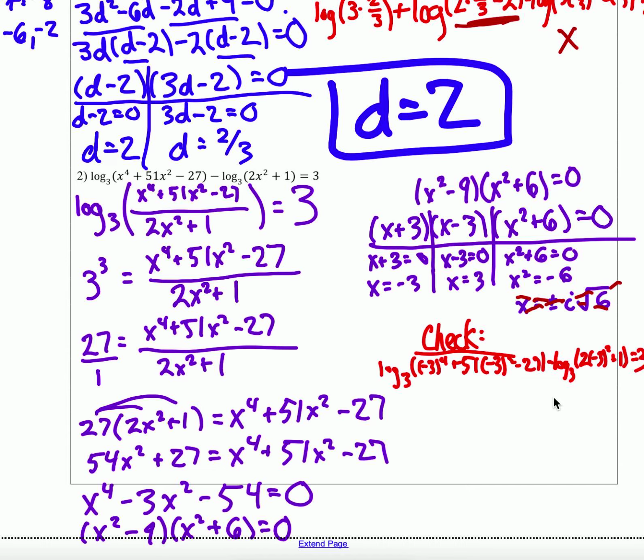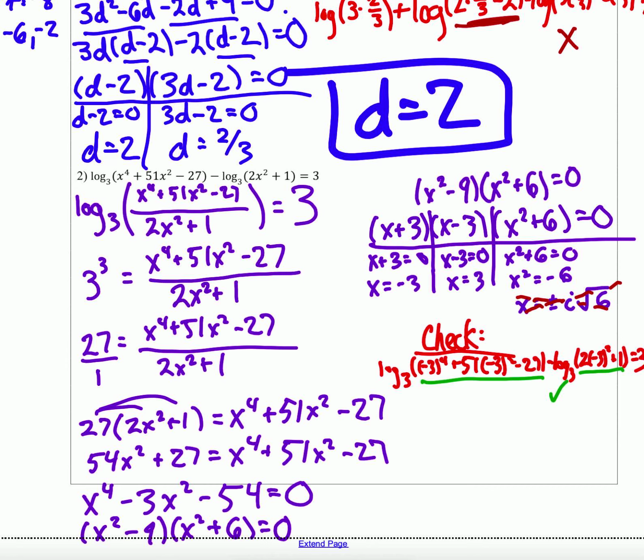And if you were to plug that into the calculator, or you can check the arguments, all the arguments are going to be positive. And the calculator should show also when you plug in that left side of the equation, you're going to get 3.